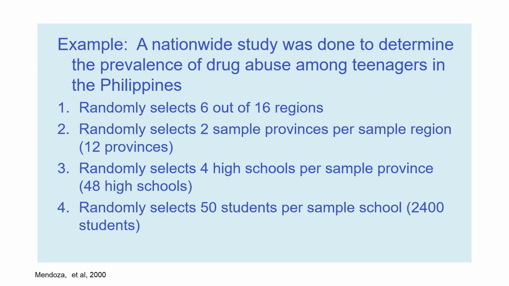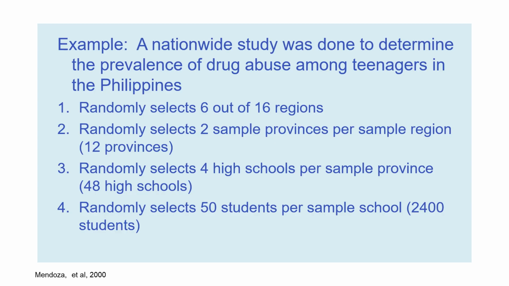As an example, a nationwide study was done to determine the prevalence of drug abuse among teenagers in the Philippines. So from a total of 16 regions in the country, 6 regions were selected. This is the first stage. Then from the selected regions, 2 provinces were selected, resulting in a total of 12 provinces.